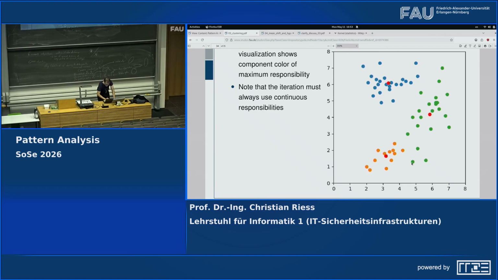So here, this green point here is really weird, no? But it's not a mistake. This green point is actually really close to the red center here, but it's not orange, it's green. And the reason for this is that we don't have a spherical shape here, no?